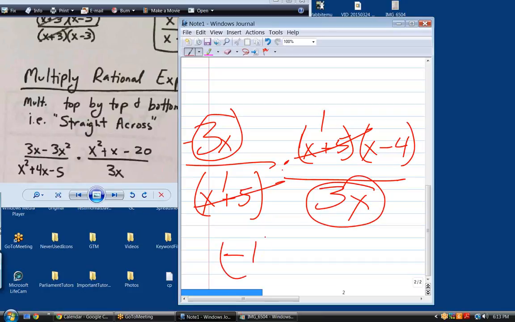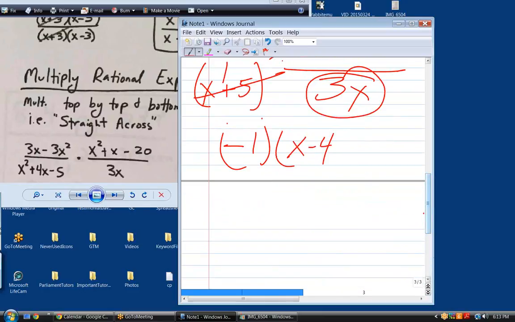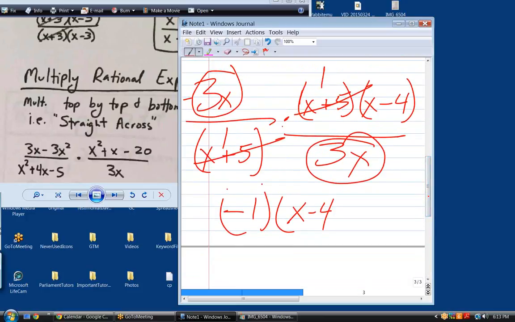Negative 1 times x minus 4. What's it leave in the bottom? Wait, x minus 4, and then over 3x. No, that got canceled. Oh, over 1? Yep.